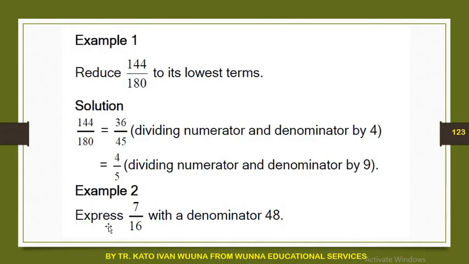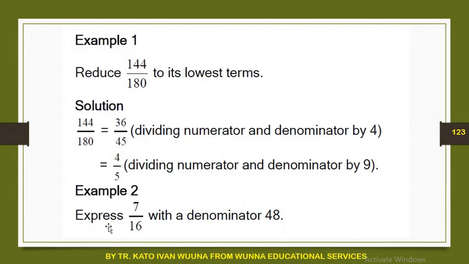That is, they want us to express 7 over 16 with a denominator of 48. When they say denominator, that is, they want us to change 16 to 48. Now, how are we doing that? How can we change 16 to 48?